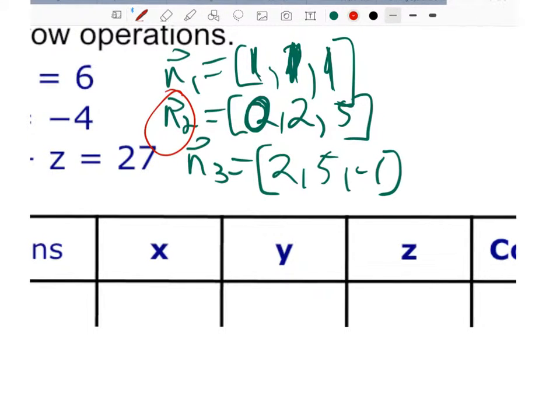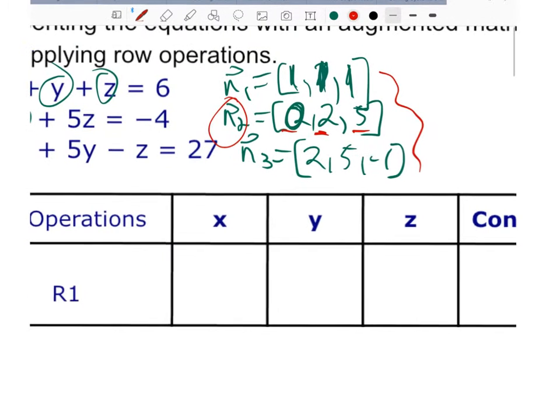That's the whole idea there. 0, 2, and 5. Something else that would be parallel to that would have to be 0, 4, and 10, or 0, 20, 50, so it'd be 10 times as big. So it doesn't look like any of these normals are parallel.